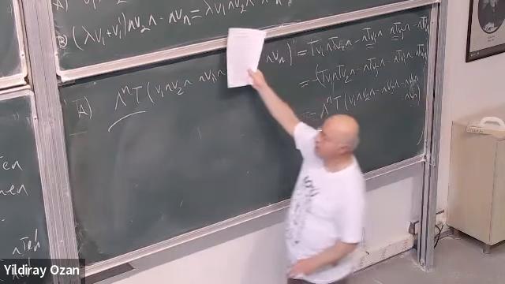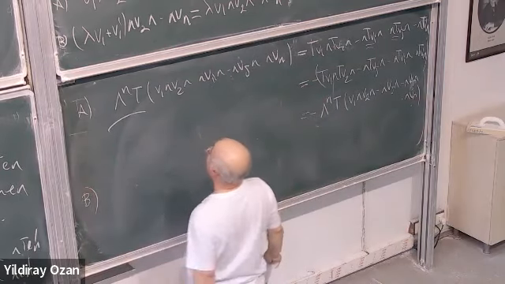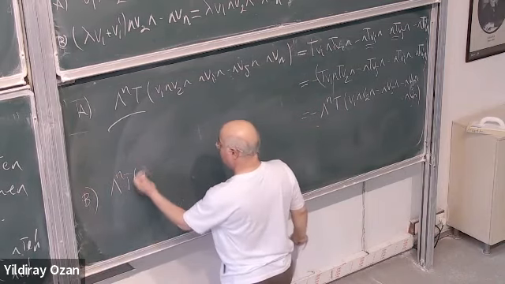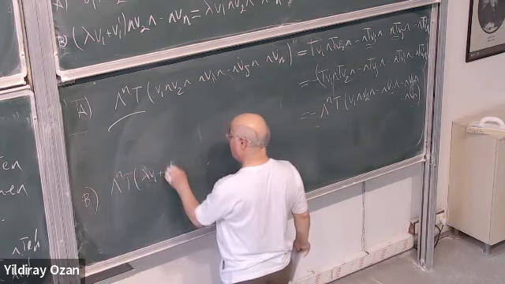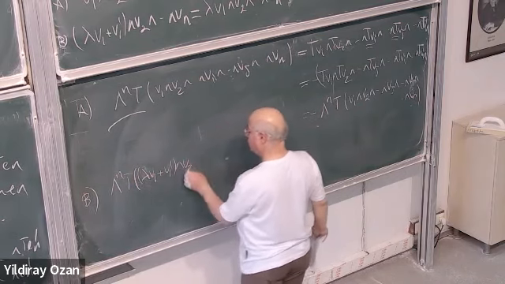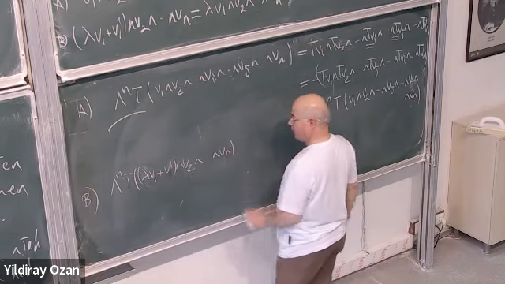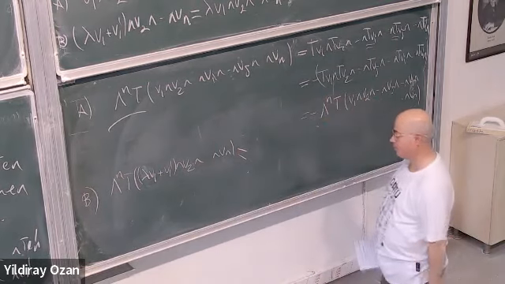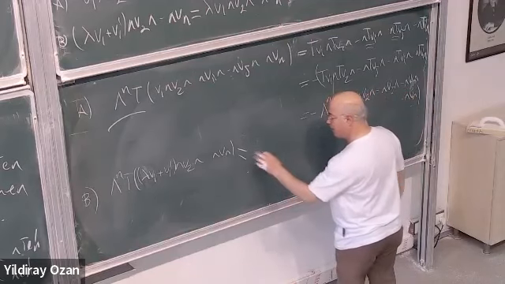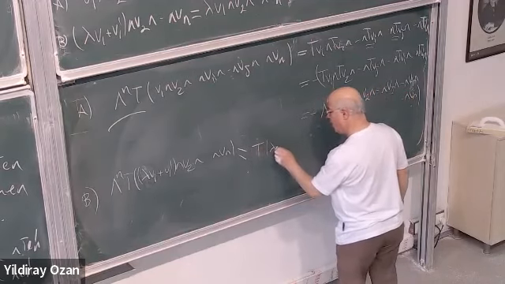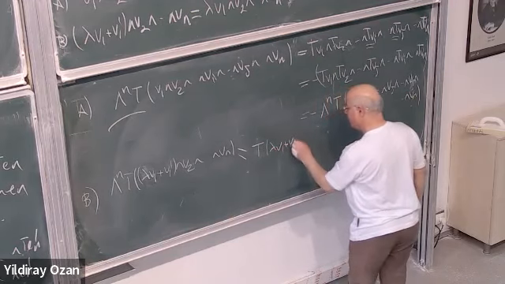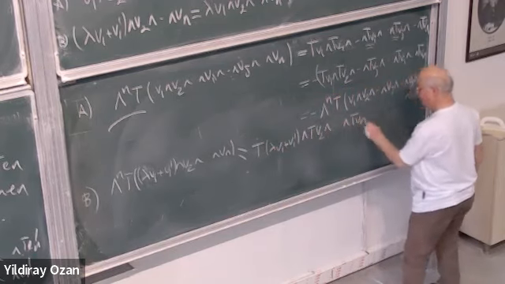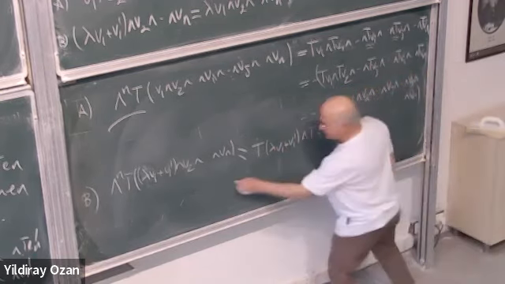Bir de şunu kontrol etmemiz lazım. Lambda V1 plus V1 prime, wedge V2, wedge Vn. Now, what is this? Okay. By definition, T of lambda V1 plus V1 prime, wedge T of V2, wedge T of Vn. But what is this?